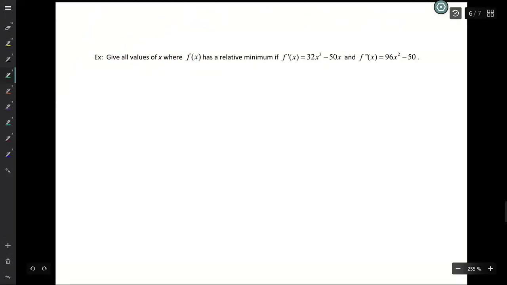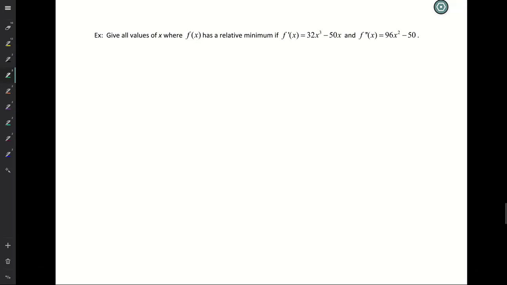All right. This particular question is set up somewhat conveniently so that it would hopefully gear you towards using a second derivative test to answer the question. This one says, give all the values of x where f of x has relative minimum if f prime is equal to this function and f double prime is equal to this other function.